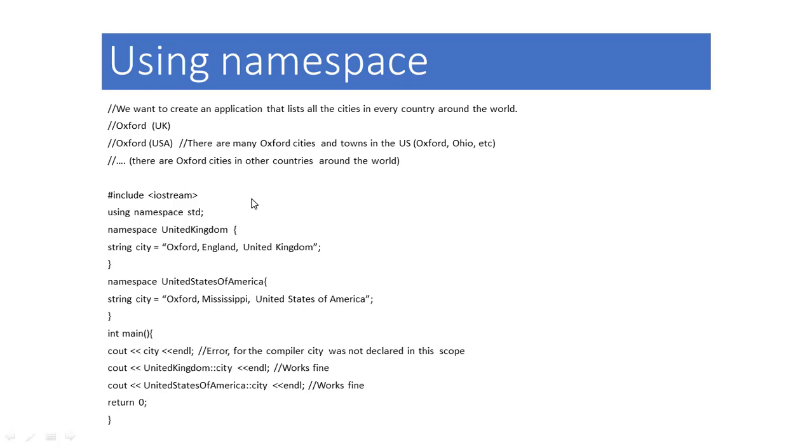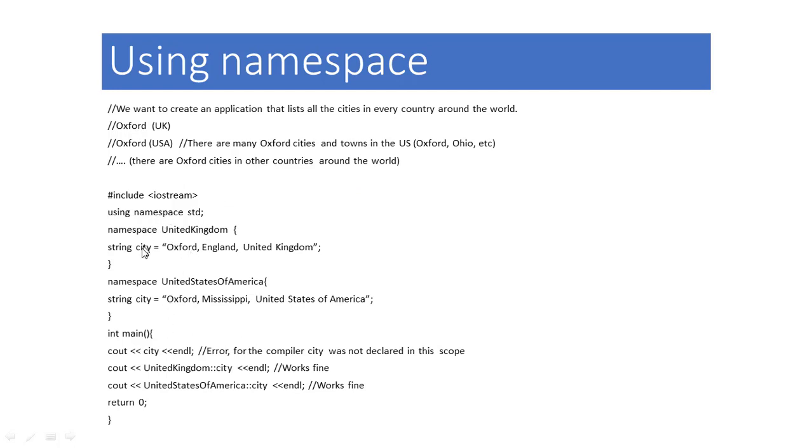And there are Oxford cities in other countries around the world. So if we are building an application that lists the names of cities in every country around the world, there is a possibility of having a clash with different names. Or if we call one city, we may get multiple results, or we may not get the expected result. So using a namespace in that process will help to solve that problem.